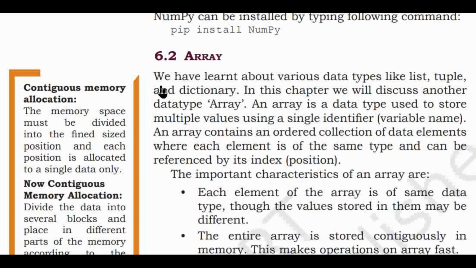Array. We have learned about various data types like list, tuple, and dictionary. In this chapter, we will discuss another data type, array. An array is a data type used to store multiple values using a single identifier variable name.